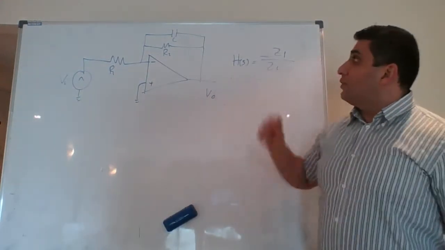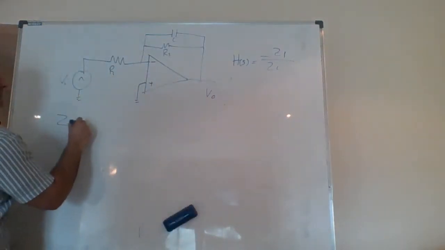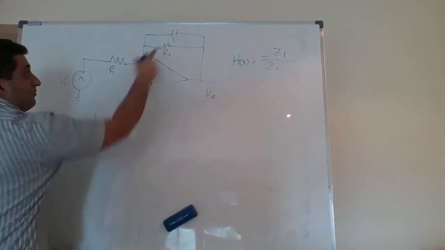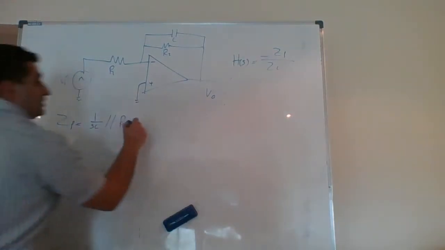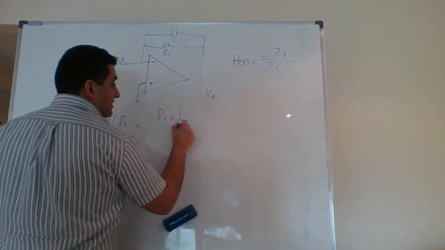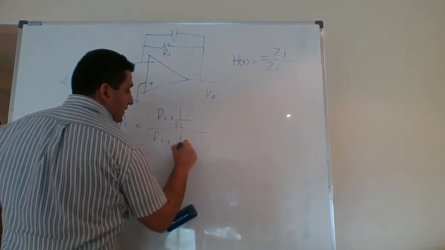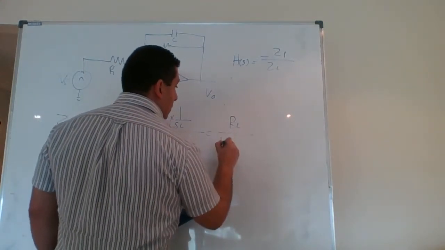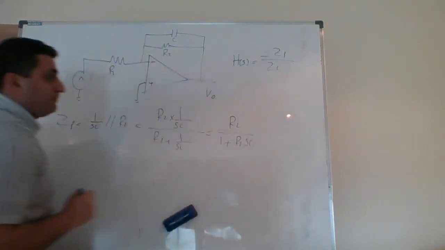To analyze this circuit, what's ZF? ZF is equal to 1 over SC for the capacitor in parallel with R2, which is equal to R2 multiplied by 1 over SC, divided by R2 plus 1 over SC, which is equal to R2 divided by 1 plus R2 SC.